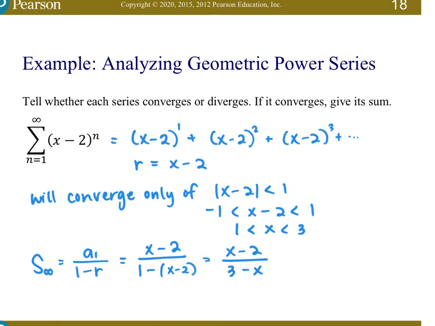So again, as long as x stays within the interval of convergence, then this power series will converge to the expression x minus 2 over 3 minus x for any x between 1 and 3. Not equal to 1, not equal to 3, but anything in between 1 and 3.